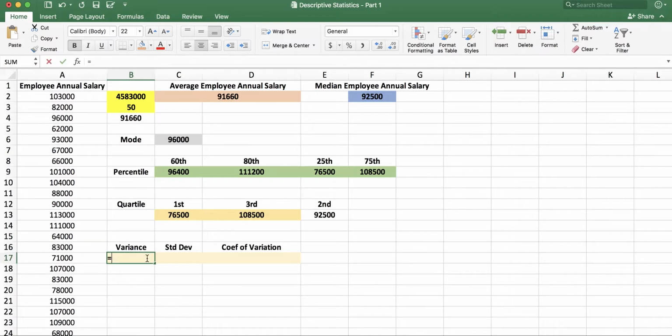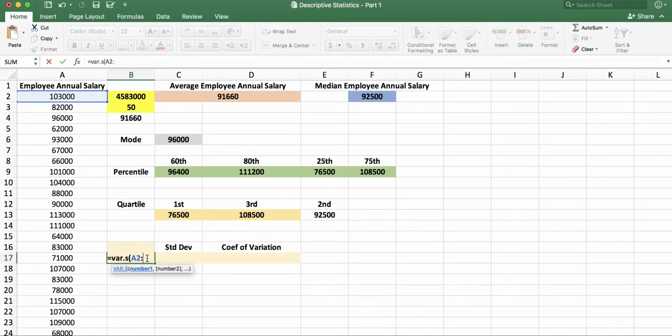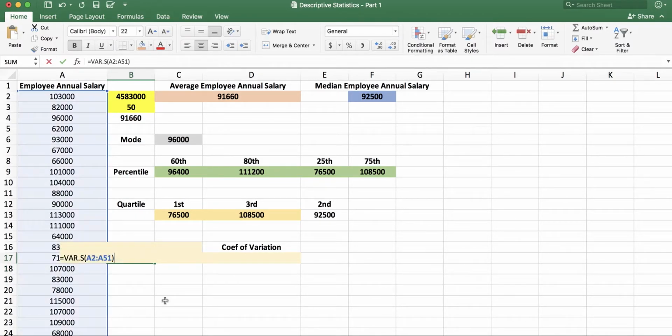And in that case, I'm going to use the function called var.s. So if it was a population data, I was going to use the function var.p. Okay, so this is a sample data. It really depends on what type of data it is, sample or population. And the input to this function will be your data set. So we are going to enter A2 up to A51, and that will give me the variance.